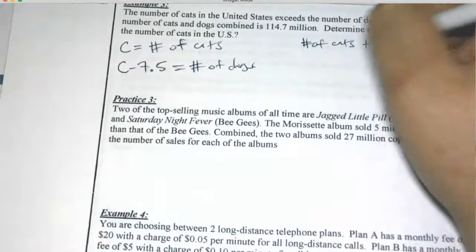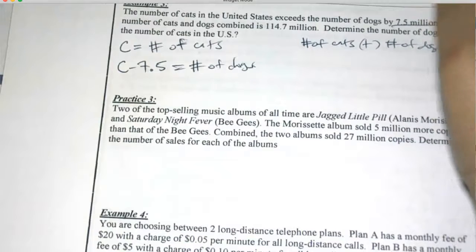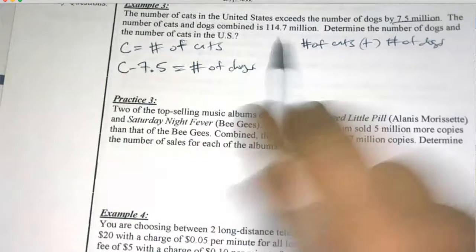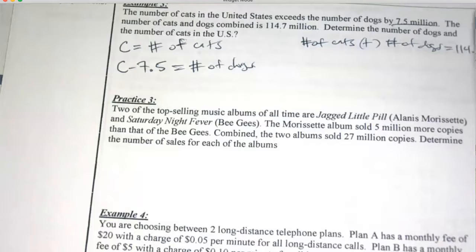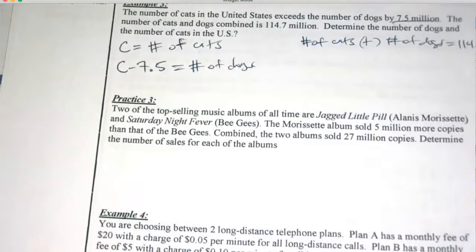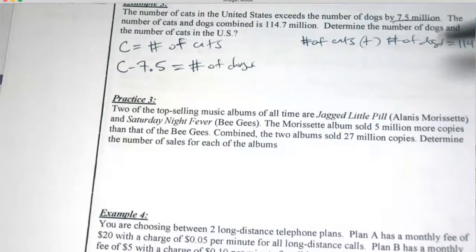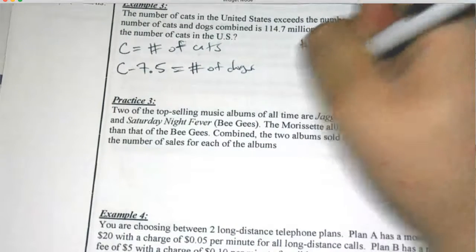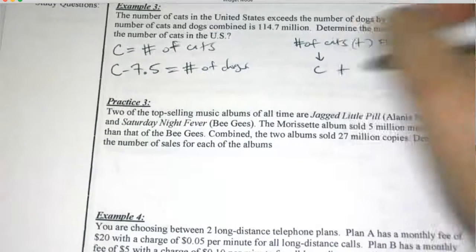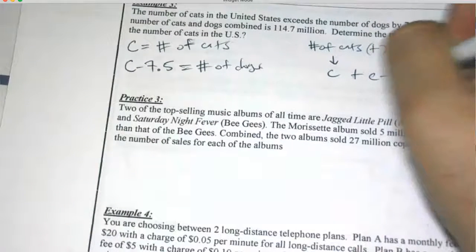And then the number of cats plus the number of dogs. If you read the next sentence, the number of cats plus the number of dogs total is 114.7 million. So again, I'm using algebra to do this one. I'm going to add the number of cats, which I called C, and then add the number of dogs, which I called C minus 7.5.